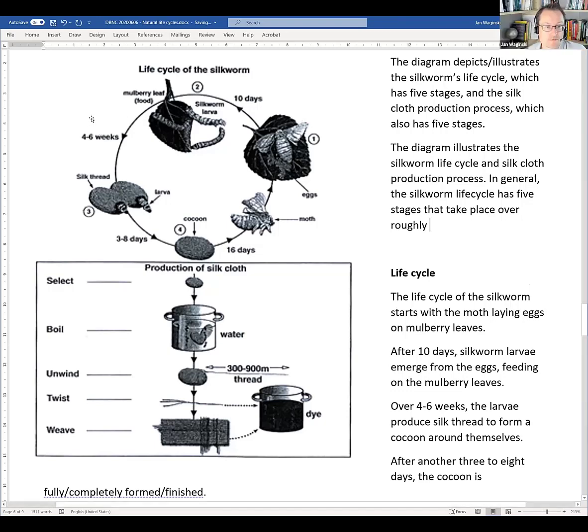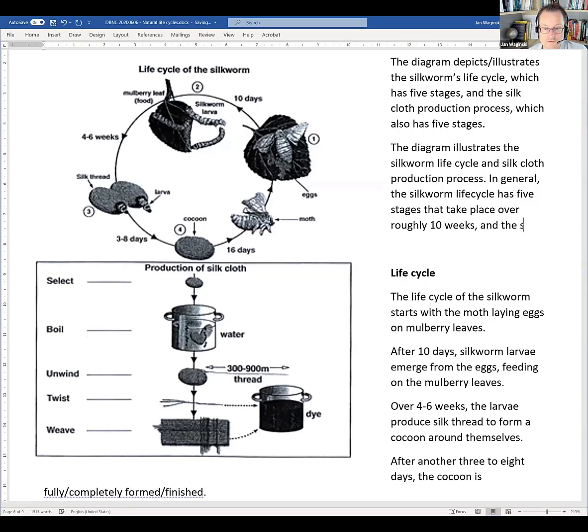Let's say, as an average, 5 weeks plus 1 week plus 2 weeks. So we're at 5, 6, 7, 8. Nearly 10 weeks. 9, 10 weeks. The general silkworm life cycle is 5 stages that take place over roughly 10 weeks.